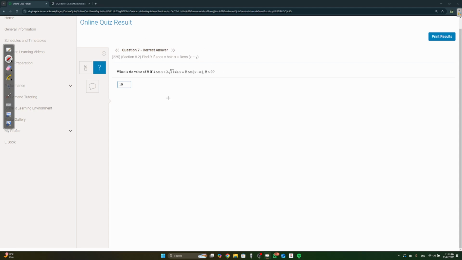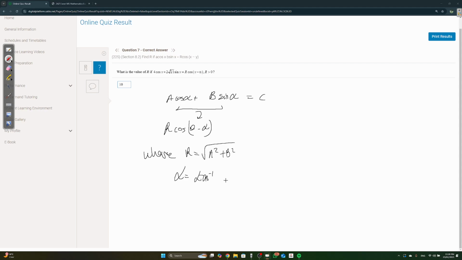Look, a cosine alpha plus b sine alpha can be rewritten as r cosine of theta minus alpha, where r is equal to the magnitude of a and b, so the square root of a squared plus b squared, and alpha is equal to shift tan b over a. These are important rules.